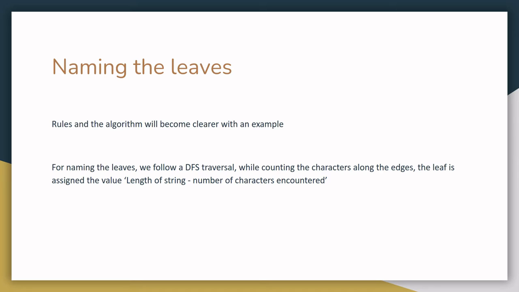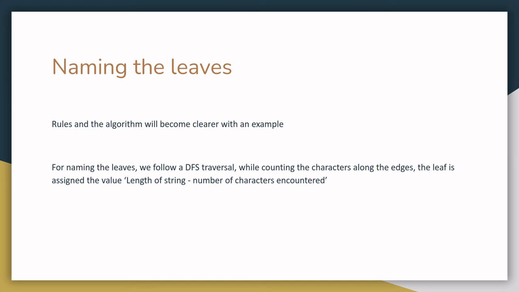After we have completed designing every branch of the entire suffix tree, we follow a DFS traversal, depth first search traversal, and we count the characters along the edges, or in the actual algorithm's case, the difference between the indices, which we store alternatively.